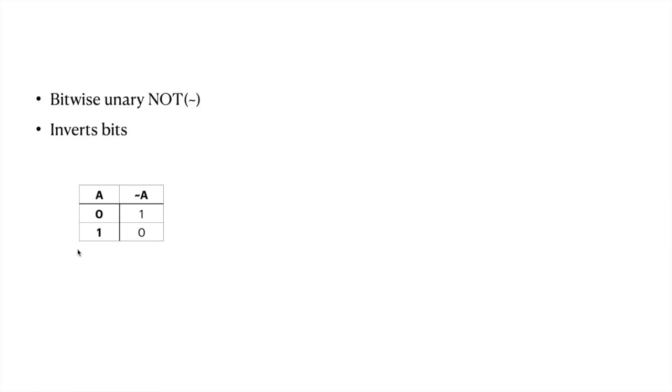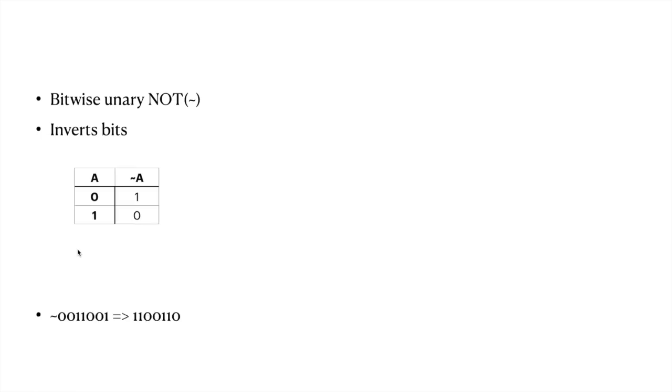And if we do, for example, NOT 0011001, we get the result where 0 becomes 1, the next one becomes 1, and the 1s are converted to 0s, and so on. So it inverts those bits. It's a very important operator in bit operations.